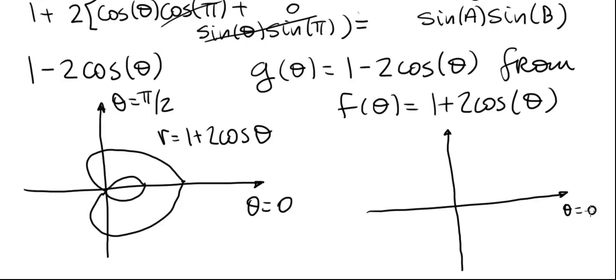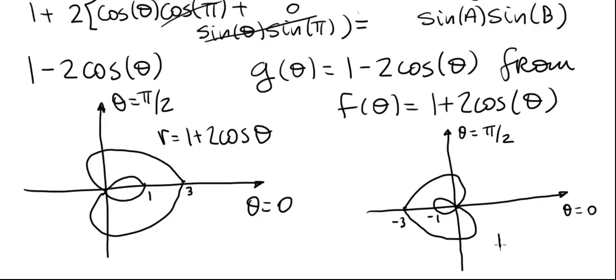Theta is 0, and theta is equal to pi over 2. So that graph will look something like this. And here is the inner loop. So this would be minus 3, and this is 3, and that's 1, and that's minus 1.